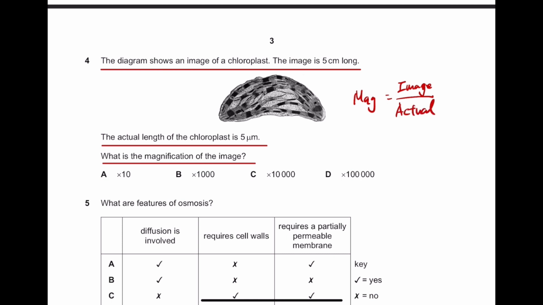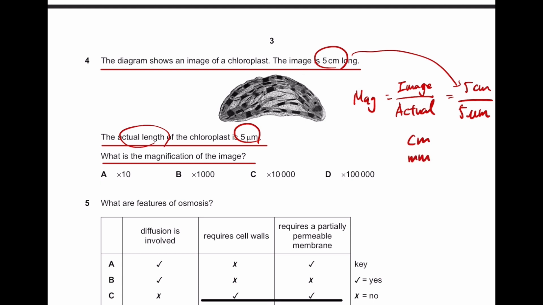In this case, the image is 5 centimeters and the actual length is 5 micrometers. First you have to know the difference between centimeter and millimeter, which is 10. The difference between millimeters and micrometers is of course 1,000. So if it's 5 centimeters, then it must be 50,000 micrometers.